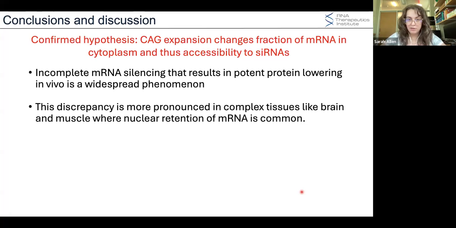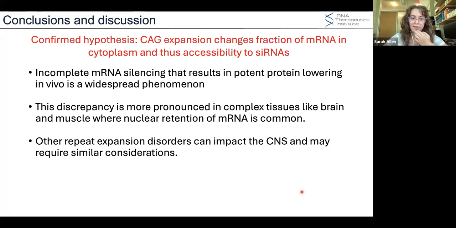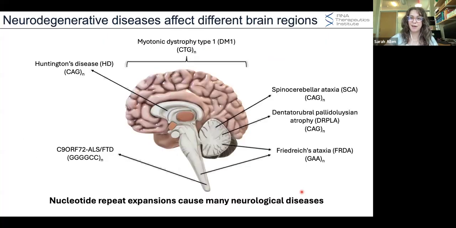And the final consideration we'd like to make of this is that other repeat expansion disorders do have strong impacts on the CNS and may require similar consideration in regard to the development of gene therapy-based therapeutics. So Huntington's disease is not the only CAG repeat expansion disorder. It's one of many.